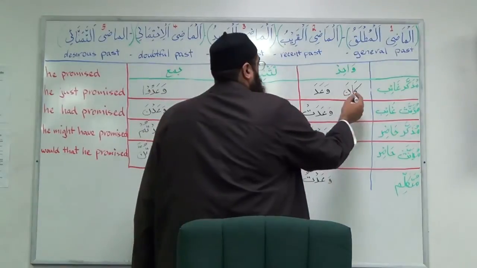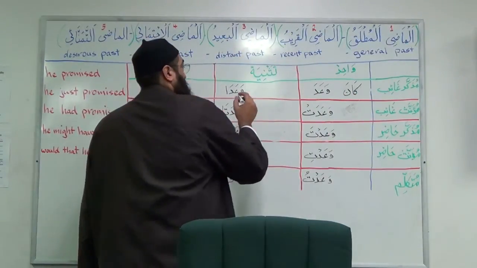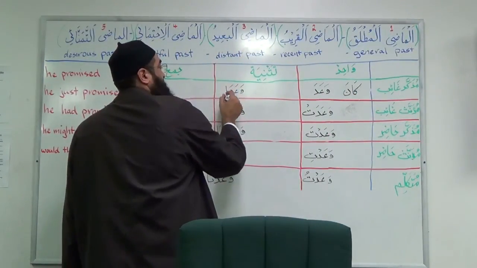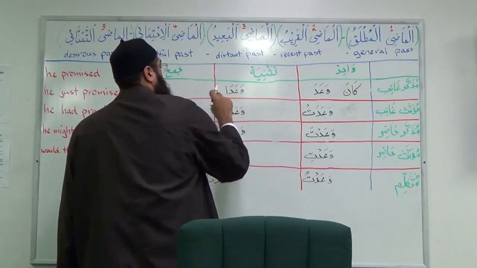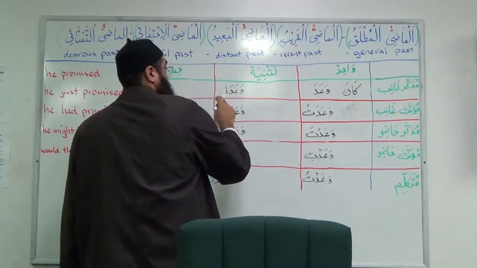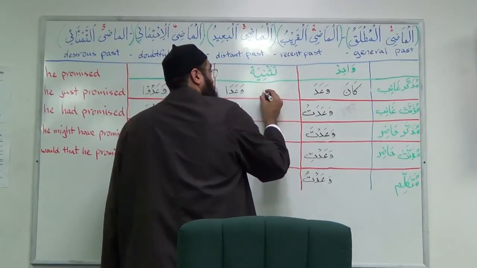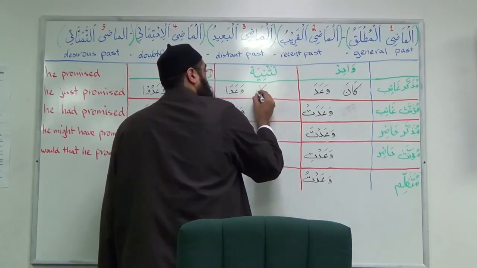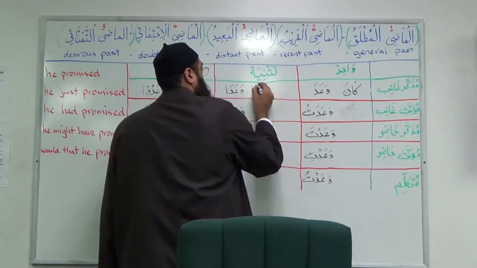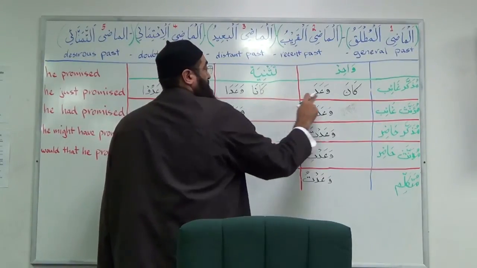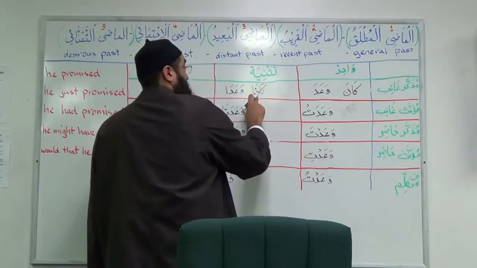So, kana wa'ada, and now just like we added an alif at the end of wa'ada to make it tasniya, to make it dual, in the same manner we're going to add an alif at the end of noon. So from kana it became kana.